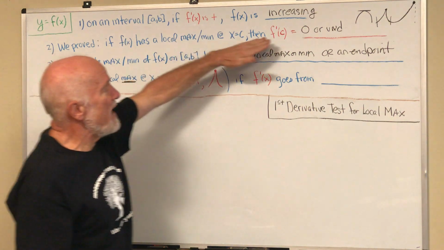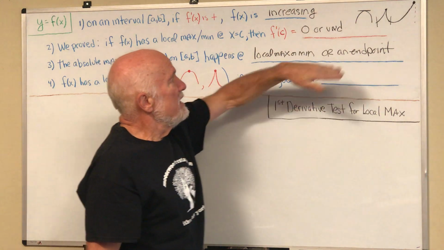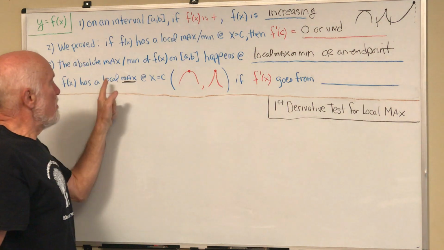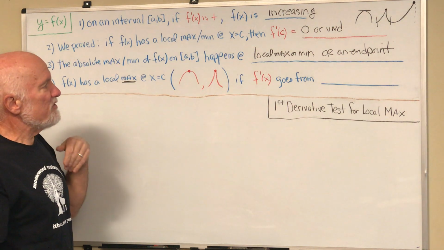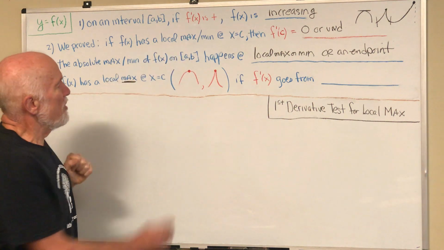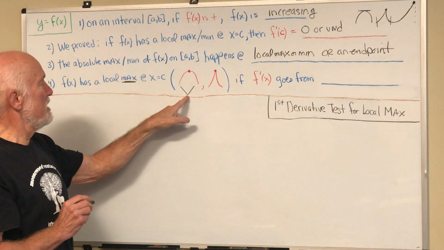So we know by finding out where it's a 0 or undefined derivative, the possible ones, but to prove whether it's a local max or a local minimum, we have to see where the derivative goes from positive to negative, or from negative to positive. That would be a local minimum.